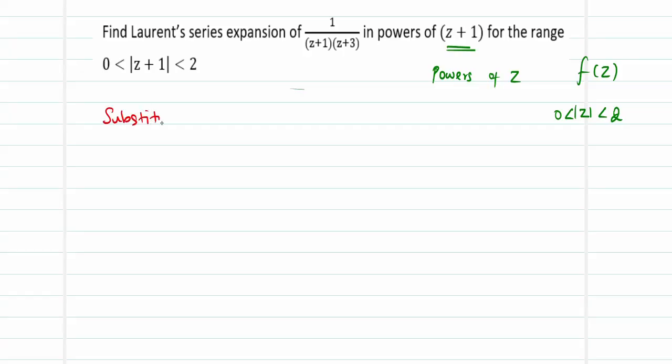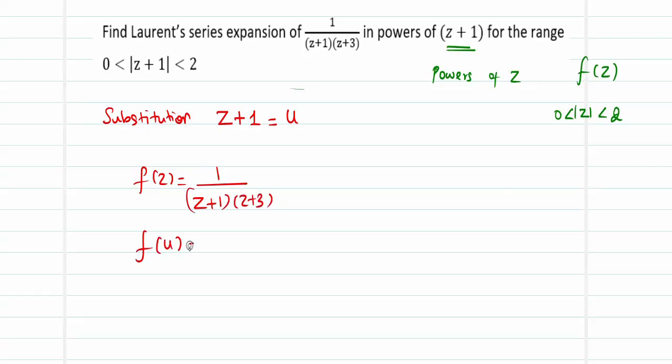What we are going to do over here is substitute z plus 1 by a secondary variable called u. Therefore the function f of z, 1 divided by (z plus 1) into (z plus 3), will now become a function of u, where z plus 1 is replaced by u.